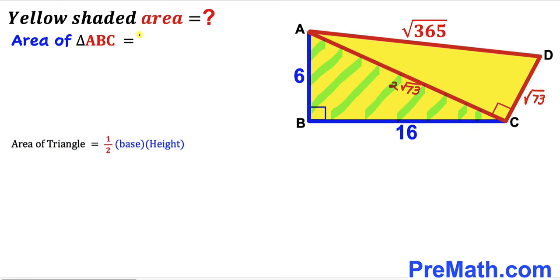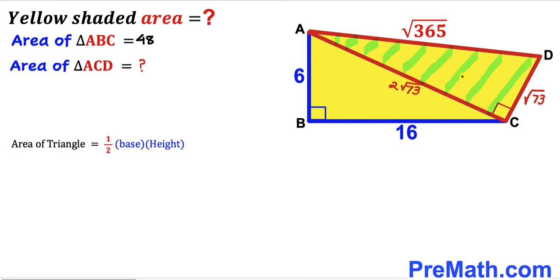So the area of triangle ABC is a half times 16 times 6. If we simplify and multiply, that gives us 48 square units. So the area of triangle ABC turns out to be 48.